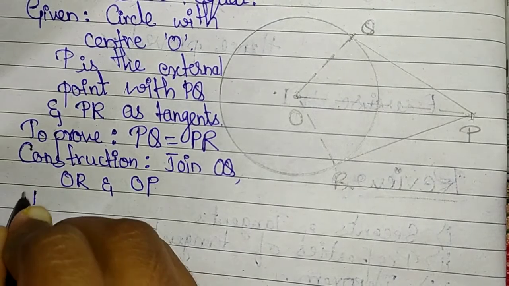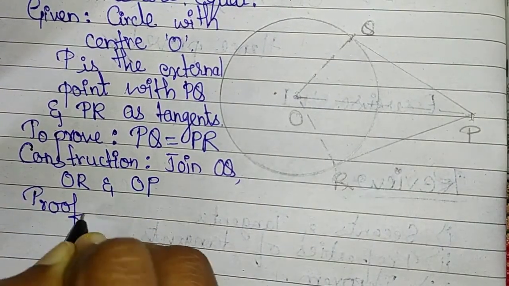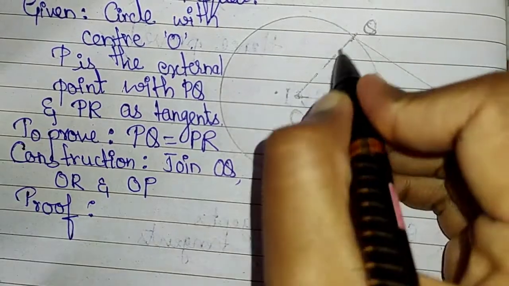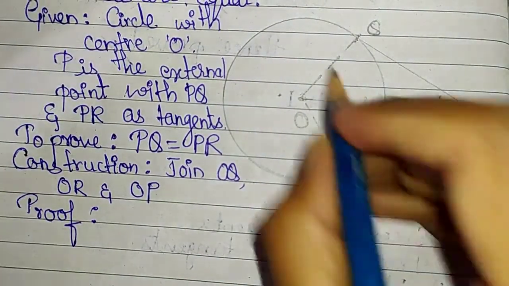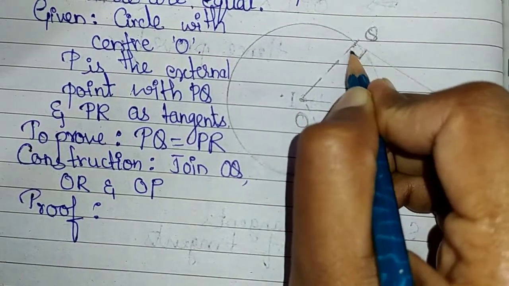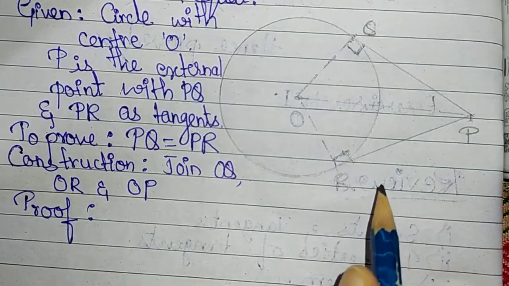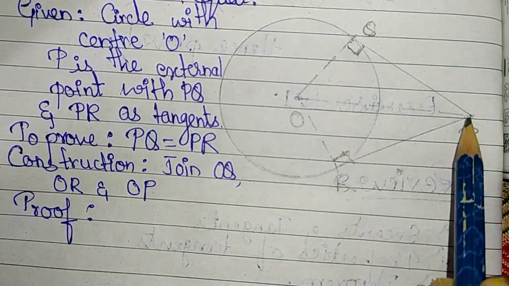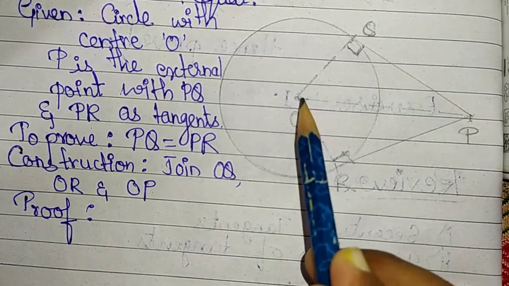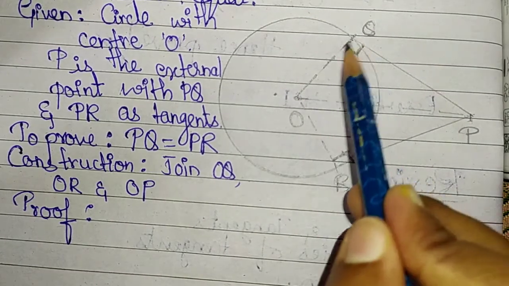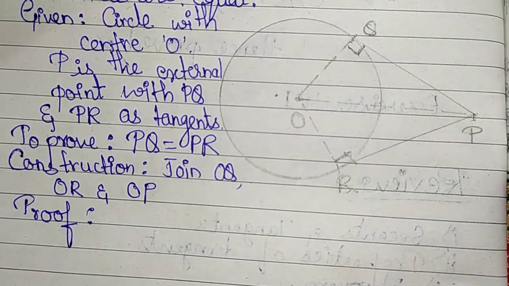So now proof. If you can look at the figure, then you notice we have two triangles here. Two triangles with one of their angles as right angles. Why? Because the tangent to a circle is perpendicular to the radius at the point of contact. The same thing goes for the upper tangent.